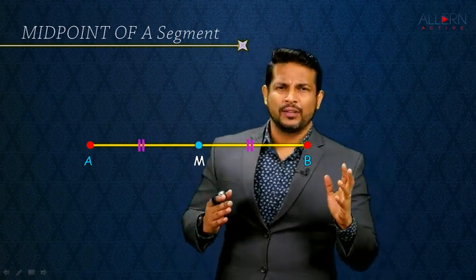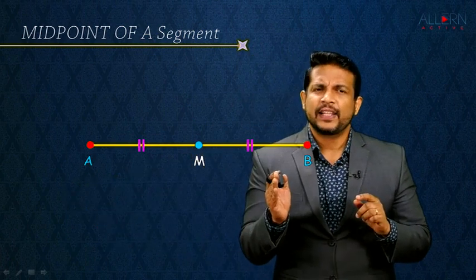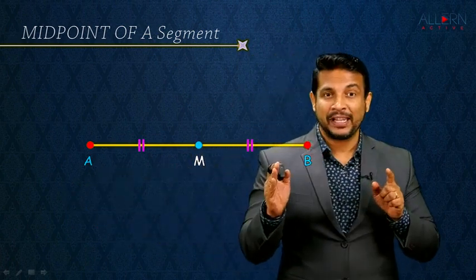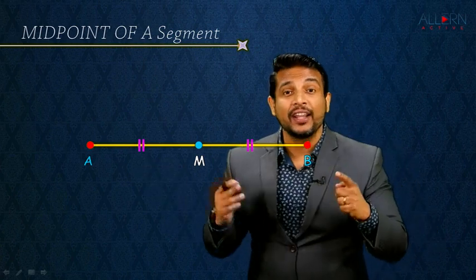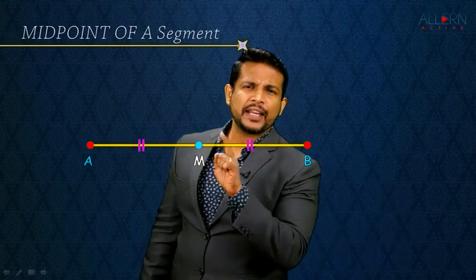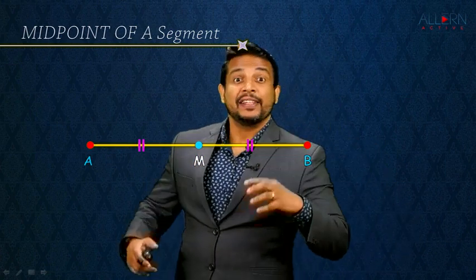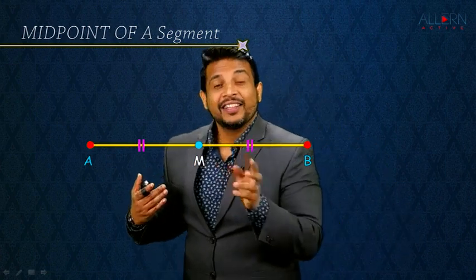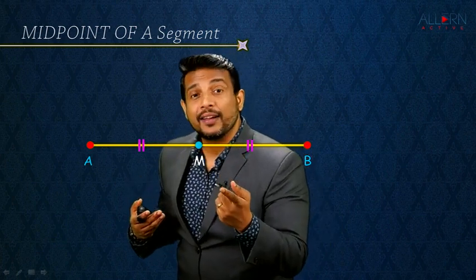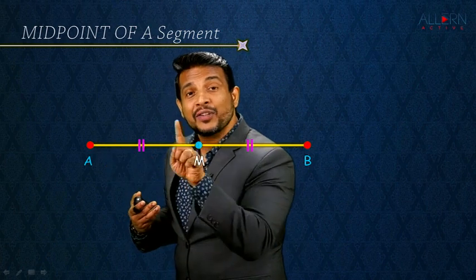So what did you learn? M is the midpoint of the segment when M lies on the segment, that means A-M-B, and when the length of AM is equal to the length of MB. So whenever we say that M is a midpoint of a segment, one thing is very clear, that AM is equal to MB, and the next thing which is very clear is that it is A-M-B.